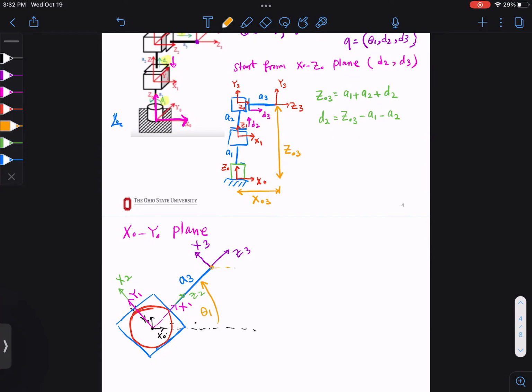Now, again, I know this one is what? Z03. No, sorry, Y. We are in Y coordinate here. So this is Y03, and this way we are in X03.